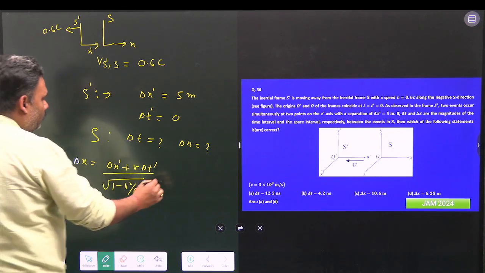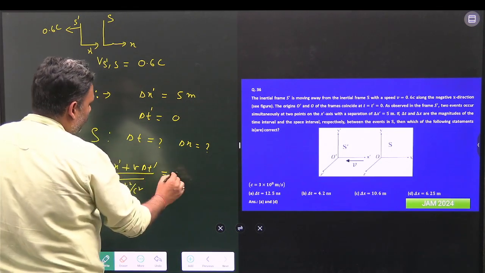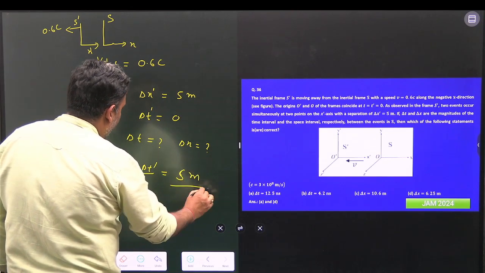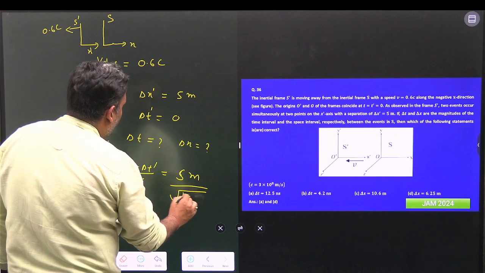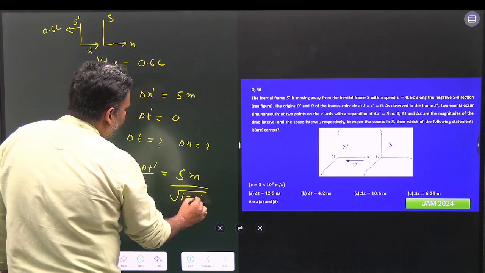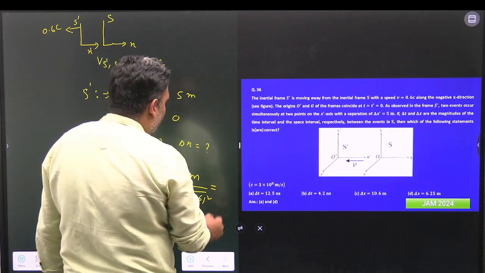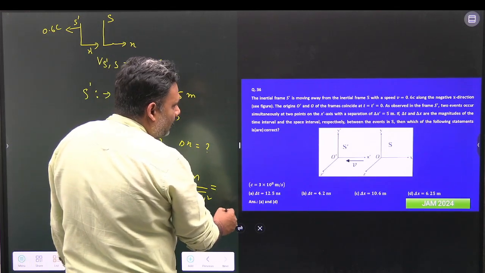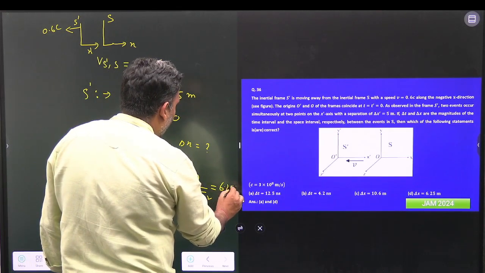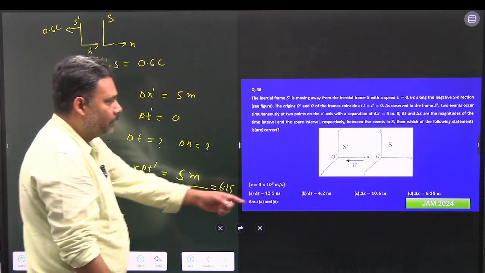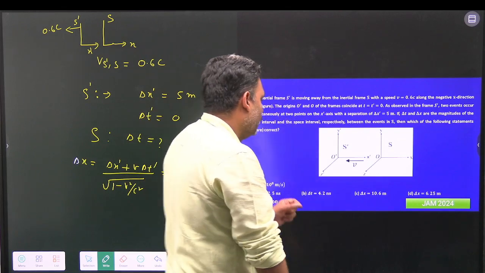Delta t dash is equal to 0, delta x dash is equal to 5 meter, and here we have 1 minus 0.6 whole square. If you calculate it, this value is 6.25 meter, and option D is correct for delta x.